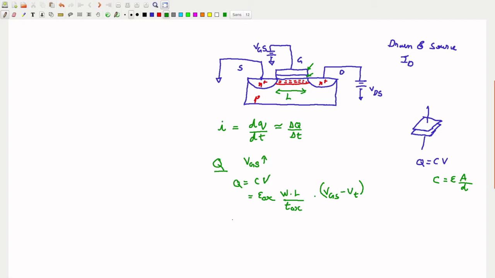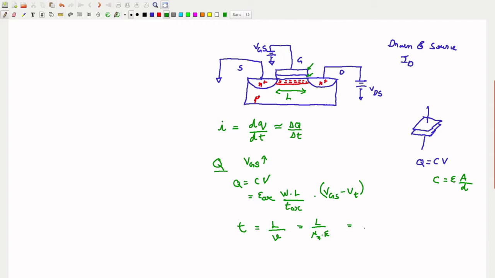the charge stored, and in order to find the current we need the time t, which is equal to length by velocity. So which is equal to the channel length L divided by velocity, which in terms of the charge will be mobility times the electric field.